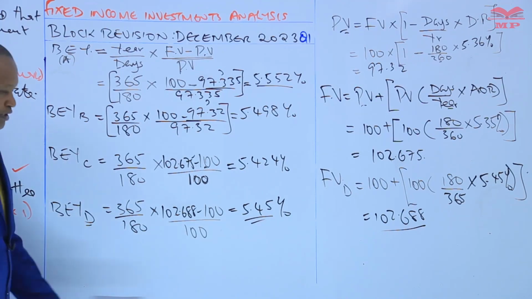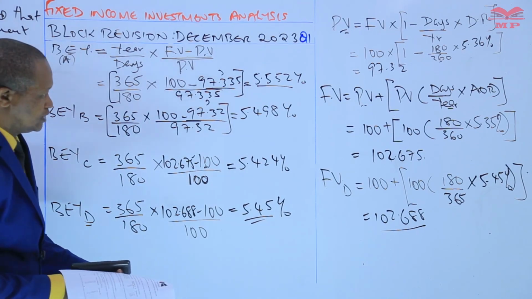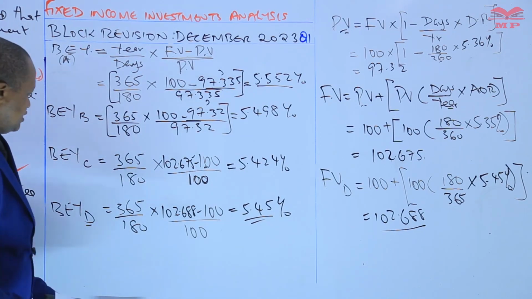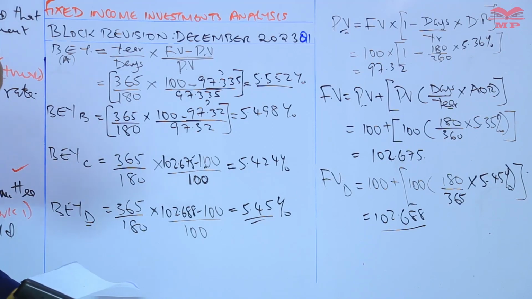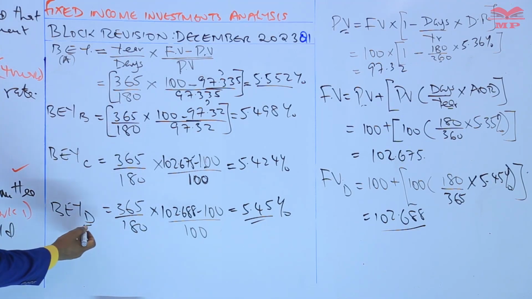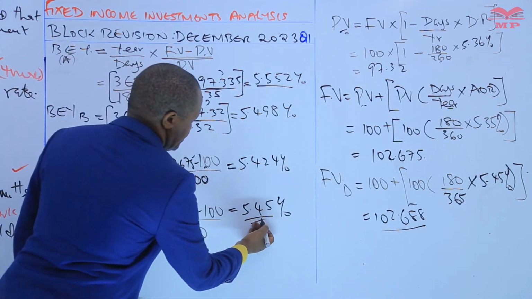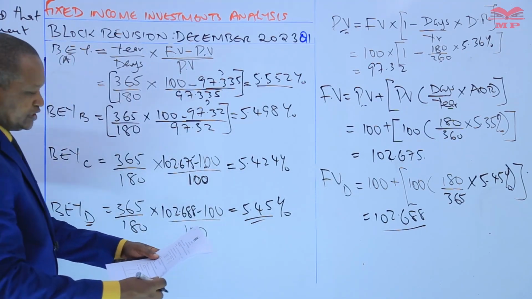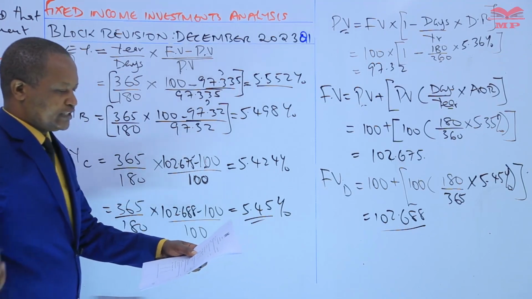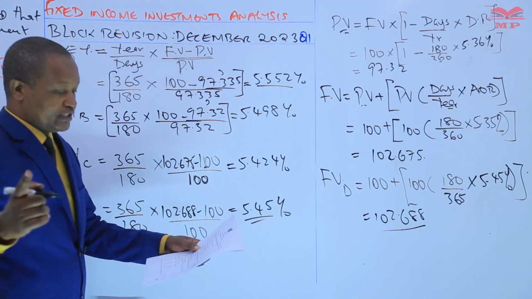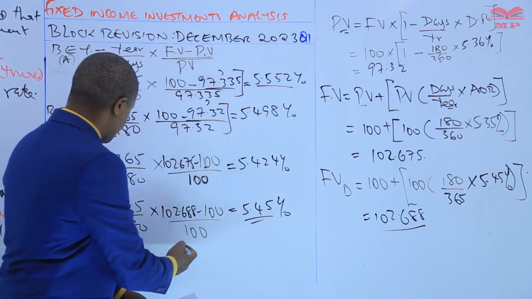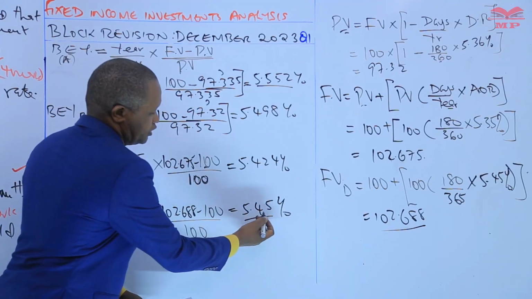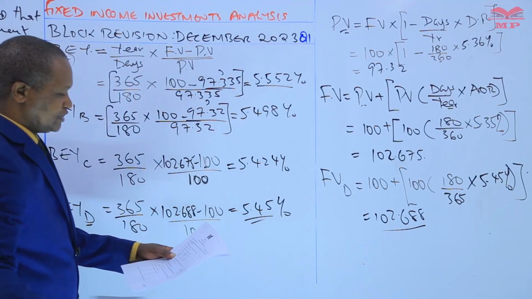Now, candidates, you must have noticed that the calculated bond equivalent yield for instrument D is 5.45%, which is the same as the quoted rate of 5.45%.